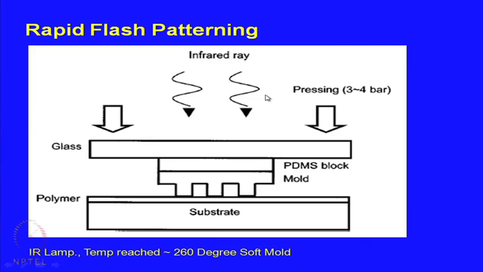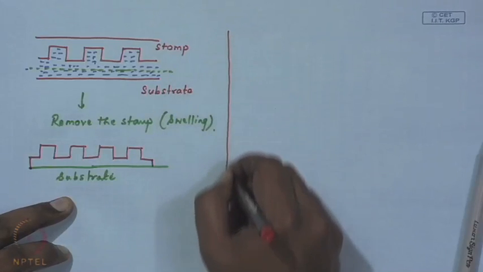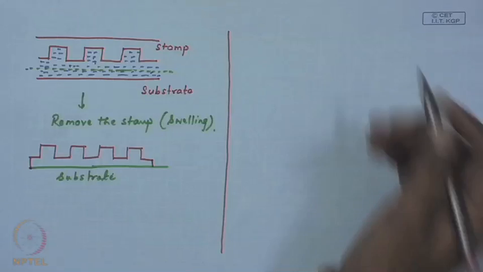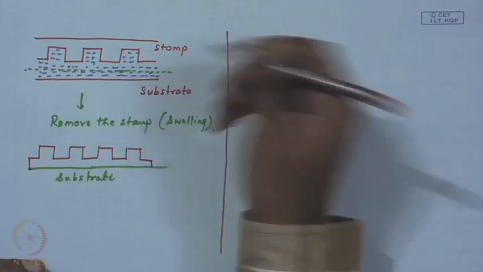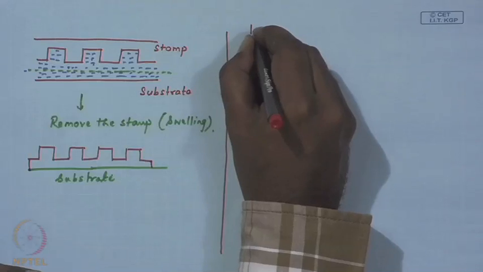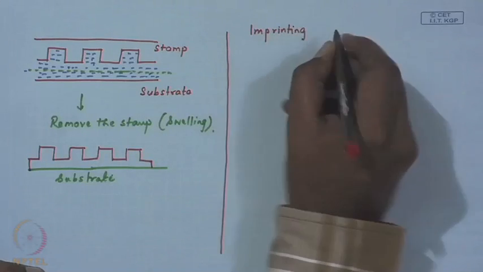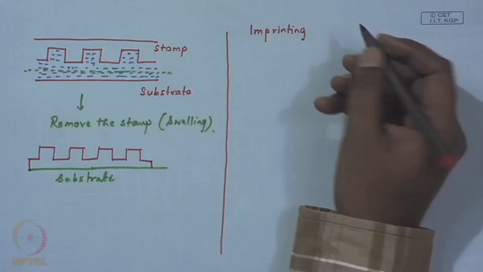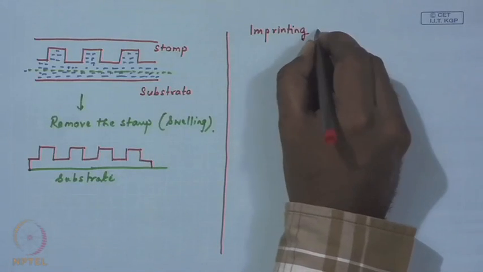There is another, so some extension of these methods can be a nice work. I just thought that I will show it, is imprinting or replicating. It is very close to all the concepts of SFIL or simple imprinting also.